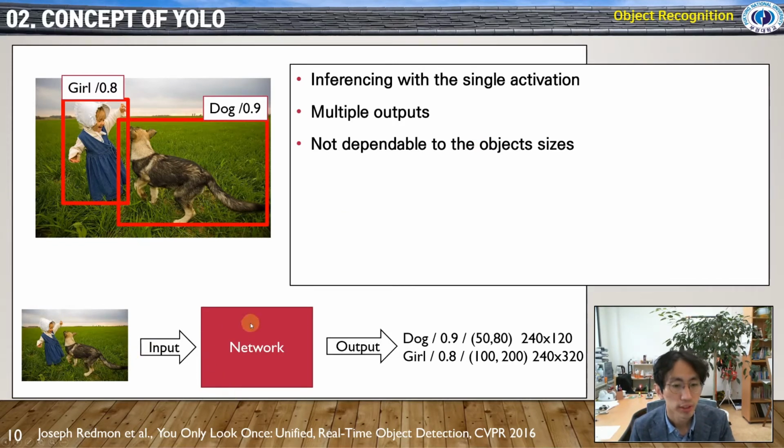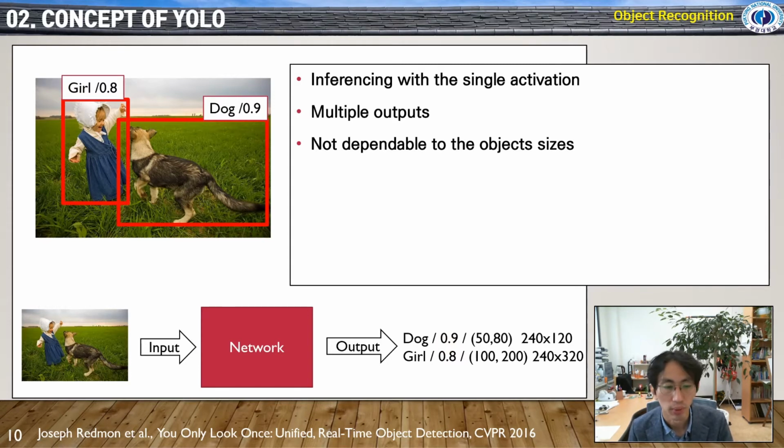The input of this YOLO network is the whole image, and then the output is going to be like this. For the dog, the position of the dog is here, the size of the object is here, it looks like a dog, and the probability of being a dog is 0.9.